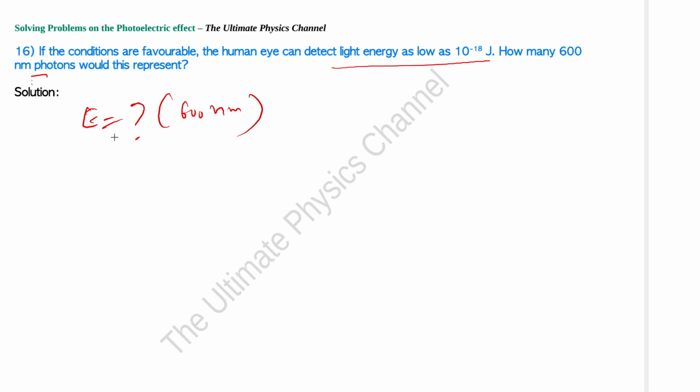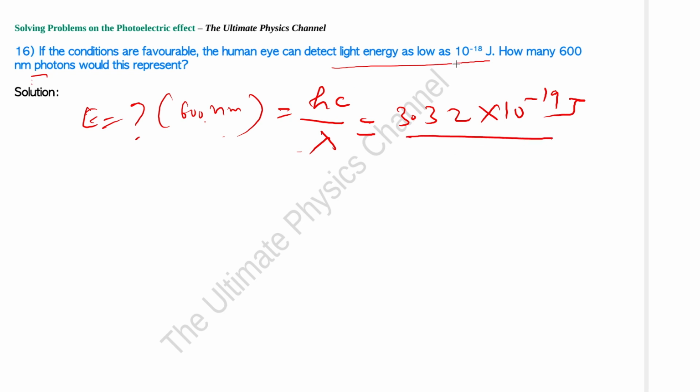So first let's calculate the energy of the photon using E equal to hc over lambda. If you substitute lambda as 600 nanometers, you would get the energy of the photon to be about 3.32 times 10 power minus 19 joules. And the total energy is 10 power minus 18.